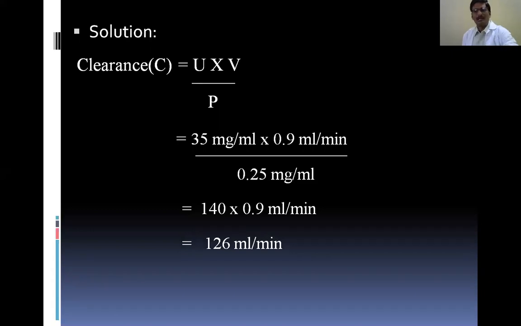The mg per ml units cancel each other, so it becomes 140. The flow rate in this case is about 0.9 ml per minute, so it comes to 126 ml per minute, which is more or less the normal GFR value. Normal GFR is about 125 ml per minute. So we need to use substances such as inulin, because they are purely filtered, neither reabsorbed nor secreted, so the clearance value of this substance is equal to the GFR.